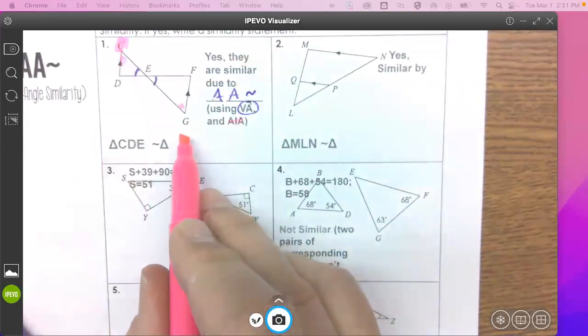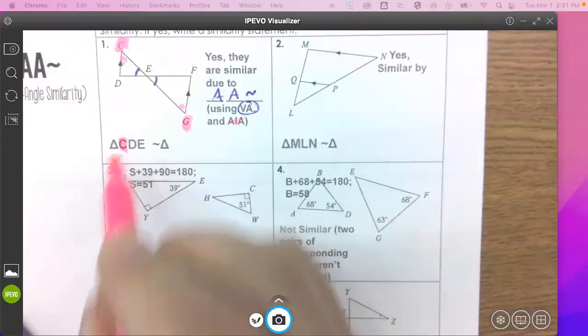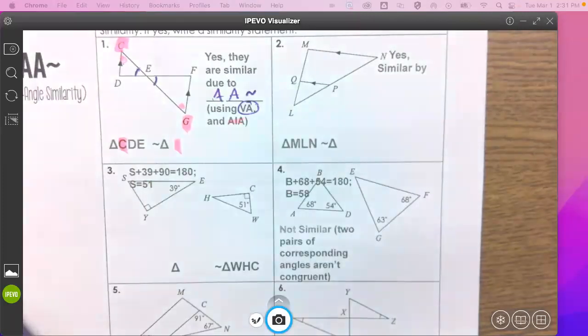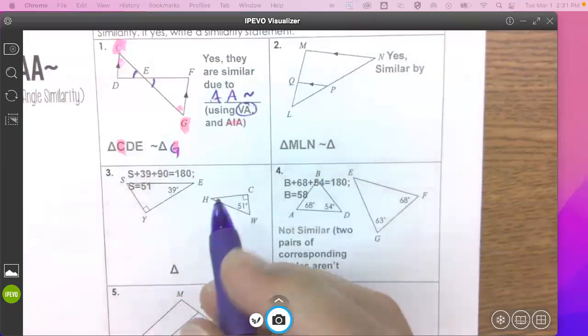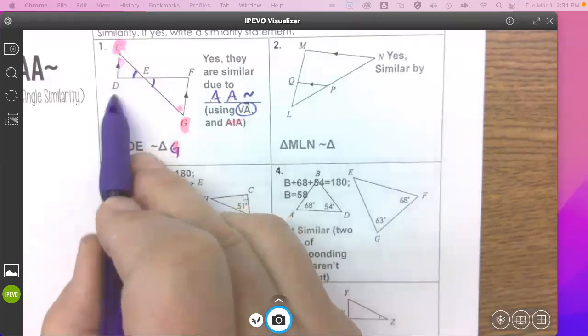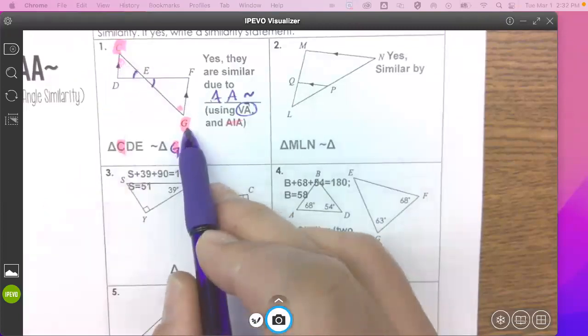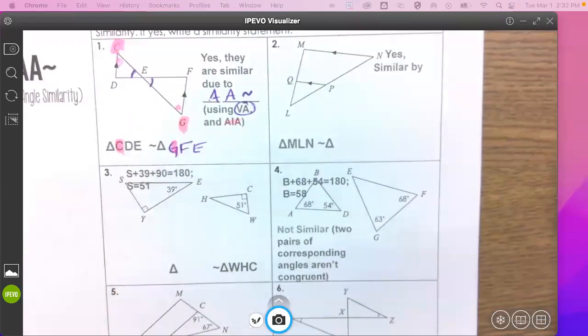What's the corresponding one over here? G. So if we began with C here, don't we have to begin with the corresponding one, or G here? And then from the C, we went along the parallel line to get to D. So from G, we'd go along the parallel line to get to what? F. And then the third piece would be E. That's the similarity statement.